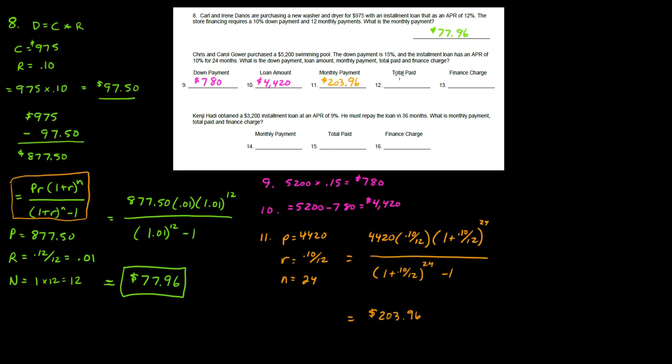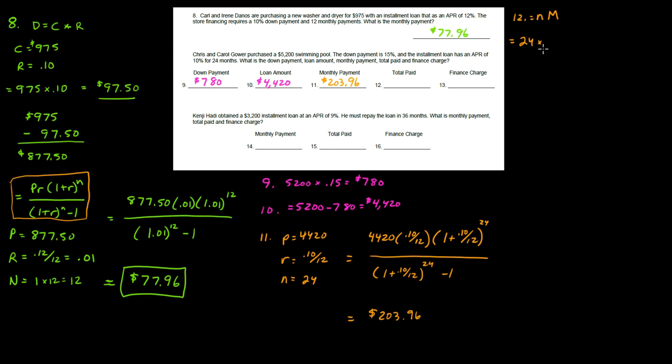So now the total paid. How much am I going to end up paying for this loan? So I'll go to number 12. The total paid is the number of payments times the monthly payment. We know the number of payments here is 24 because that was my n.